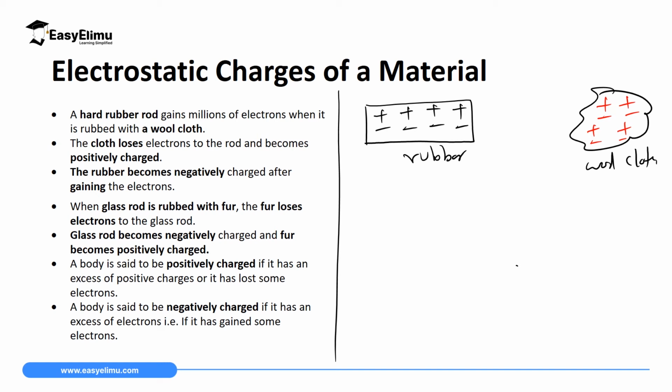Now, if you take these two materials and wrap them together, remember, wrapping together, you are causing friction. And if you cause friction between two materials, remember, one of the effects of friction is production of heat.